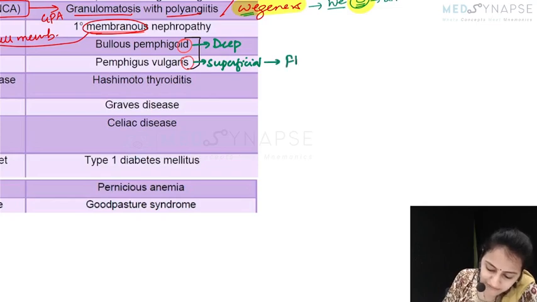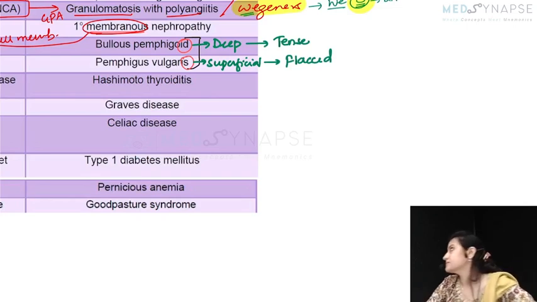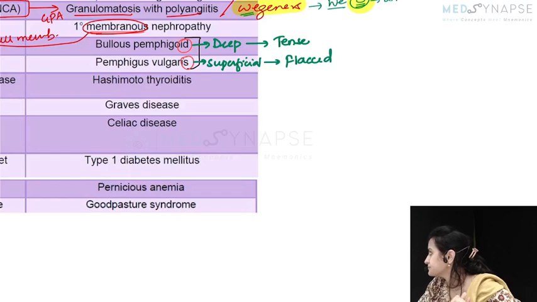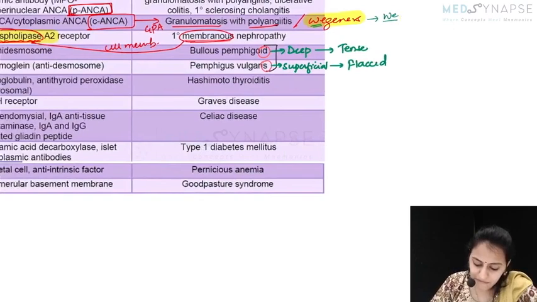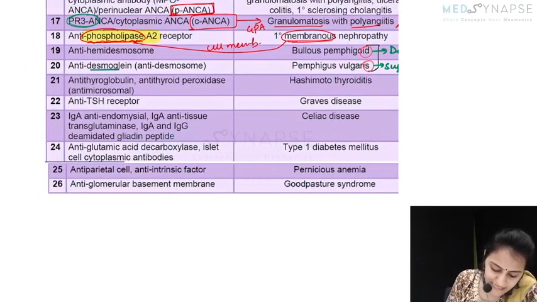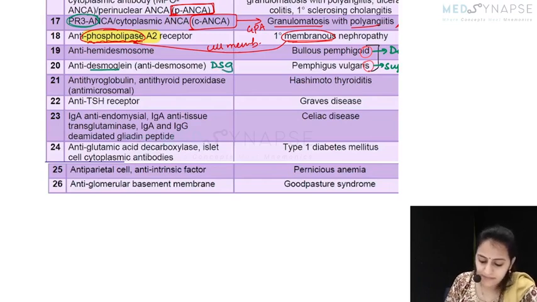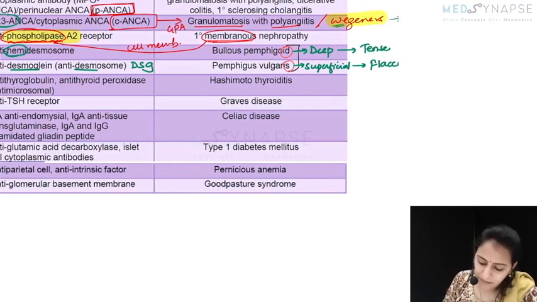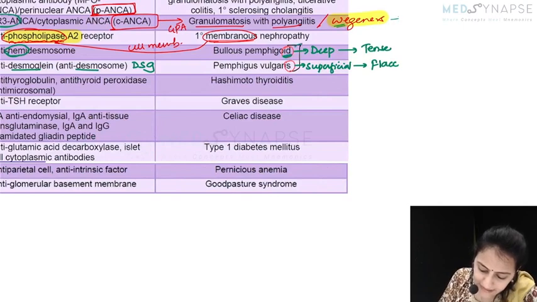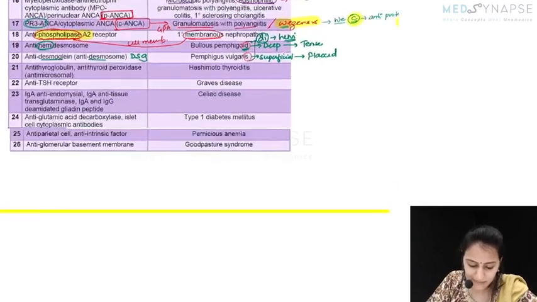Superficial bulla are flaccid bulla, deep bulla are tense bulla. Pemphigus vulgaris is anti-desmoglein, DSG, that is anti-desmosome, while bullous pemphigoid is hemidesmosome. Pemphigoid has a D-I, you divide it into 2, that's hemi. Pemphigoid is hemidesmosome. This is desmosome.